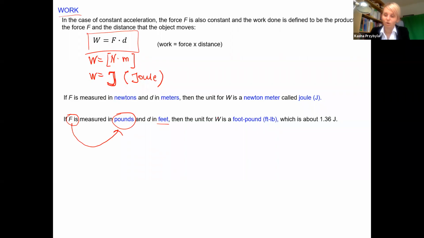When I compute work by multiplying force times distance, I get foot-pounds, and we don't have to involve any acceleration. A foot-pound is about 1.36 joules, but we will not convert, just to know the units.